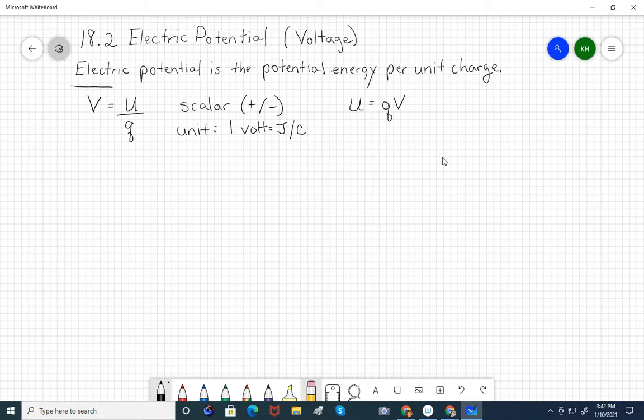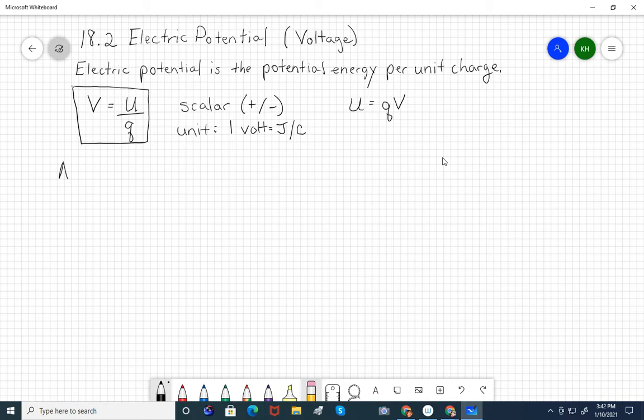So here is our formula. We call this electric potential. A lot of times we just call it potential, but you are probably much more familiar with the term voltage. And if we're talking about electric circuits, that's the term that's almost always used.